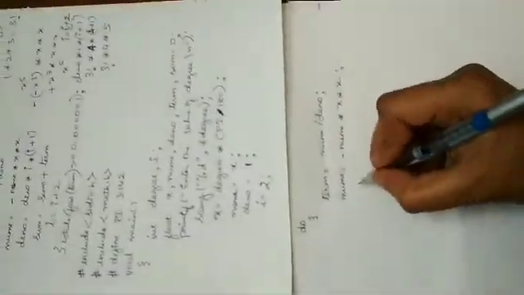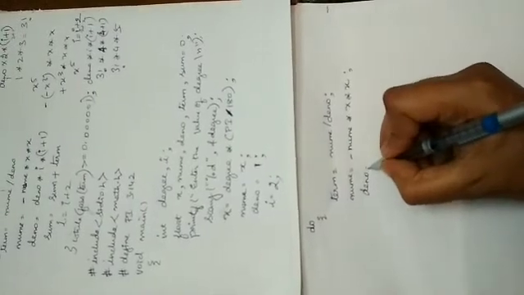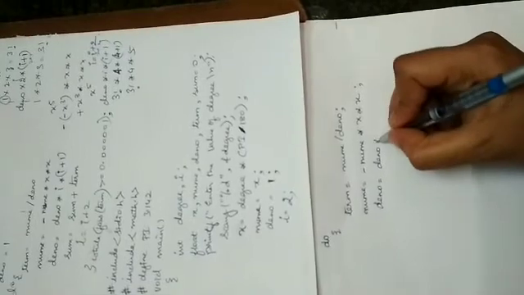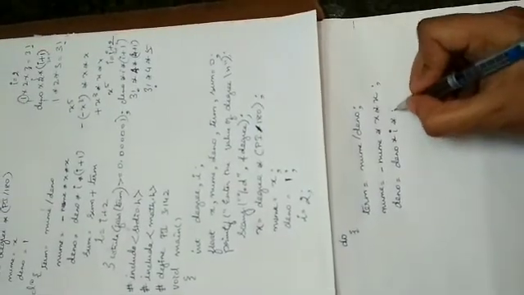Next time I have to prepare my numerator, that is minus x power 3. How to do it? Numerator is equal to minus numerator into x. If I do, I will get the numerator. And then the denominator: the previous denominator is 1 factorial into 2 into I plus 1.